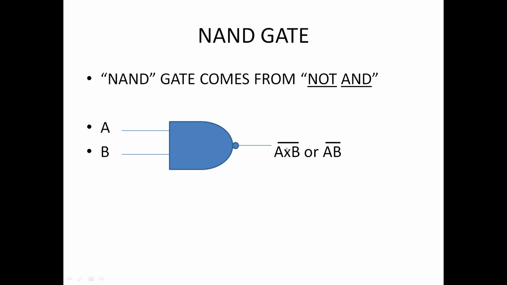I hope you still remember that the sign for AND is the multiplication sign. So we have not (A and B), or you can write it like this, not AB. There is no sign here, but it indicates that what is in between A and B is the multiplication sign, meaning AND.